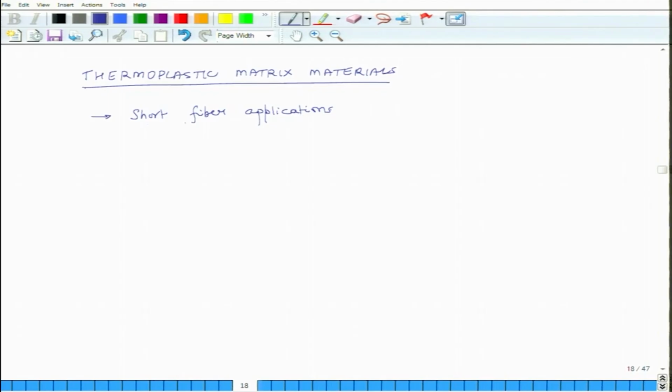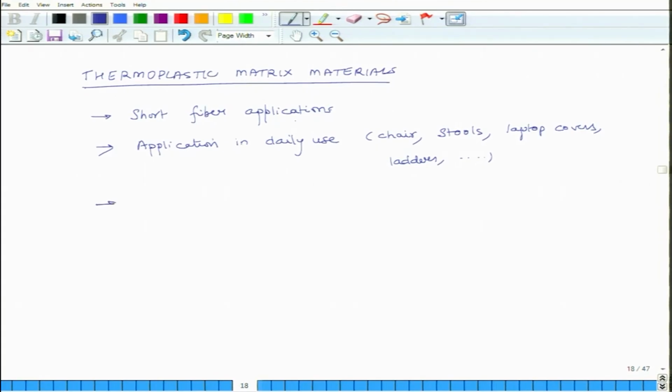So, that is why I said short fiber applications, where they are used in applications which are in daily use: chair, stools, laptop covers, ladders, and things like that.